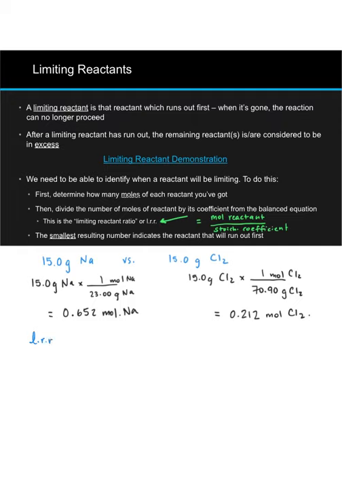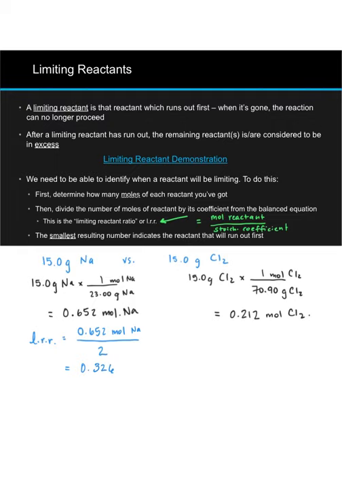The limiting reactant ratio, LRR, is the number of moles of a substance divided by the stoichiometric coefficient. In the previous example, the stoichiometric coefficient of sodium was 2. That means that the limiting reactant ratio for sodium is a number that's just a fraction, 0.326.